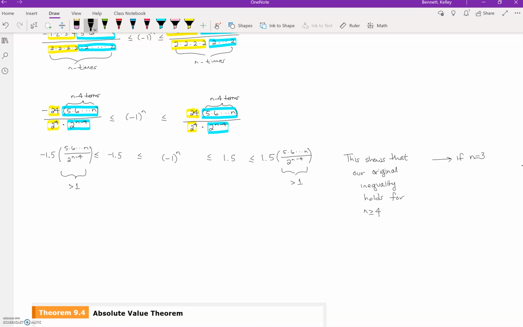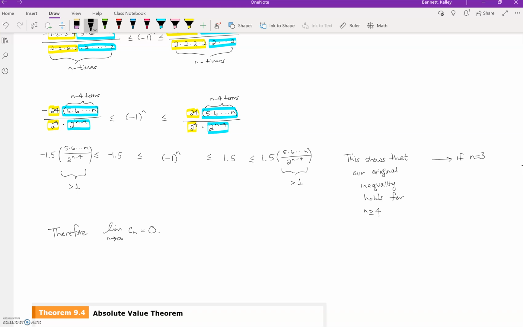So therefore, because we squeezed c of n between a of n and b of n for some large enough n, we have demonstrated enough to assert that the limit as n goes to infinity of c of n also equals 0, right?